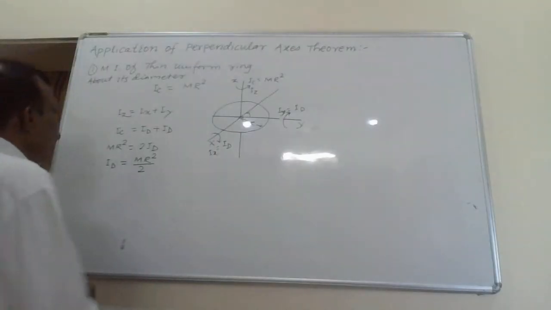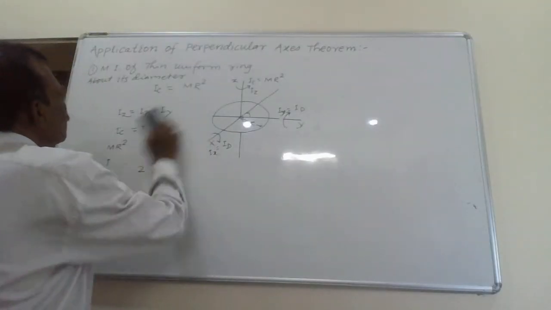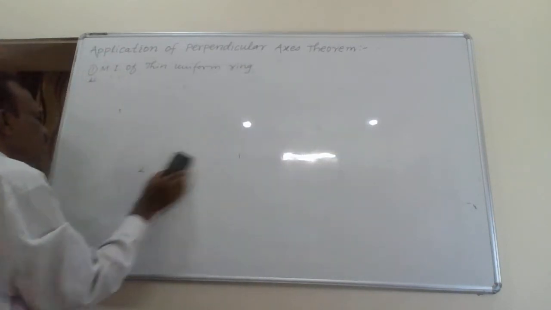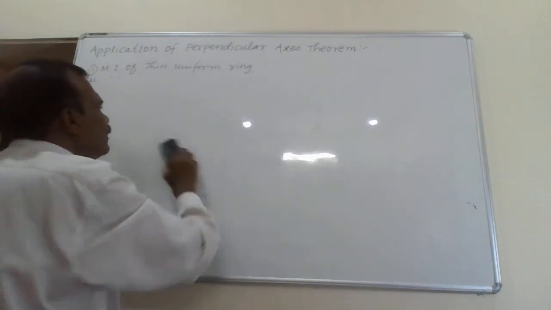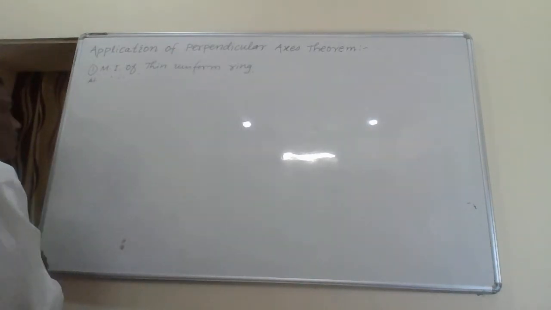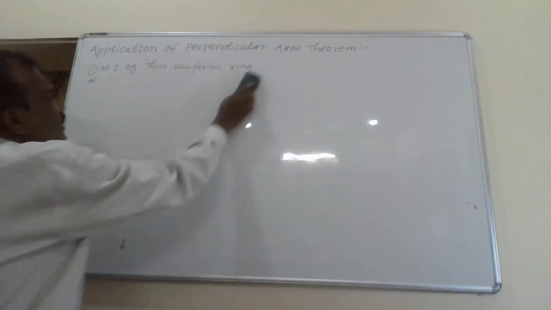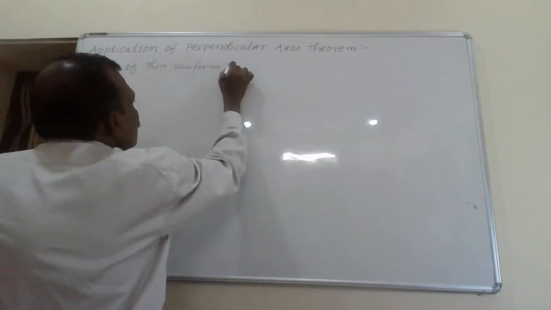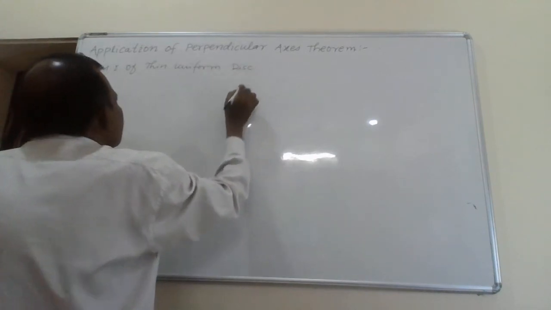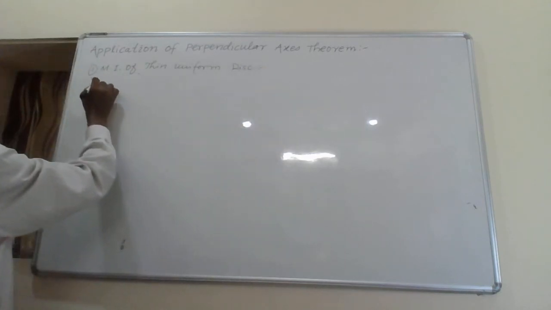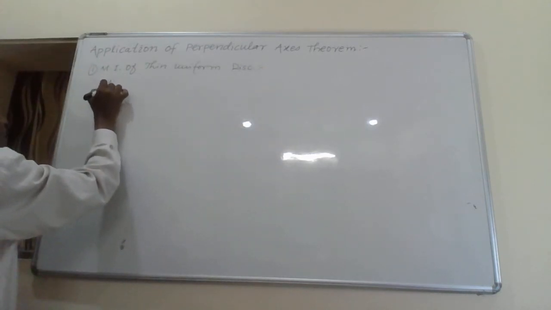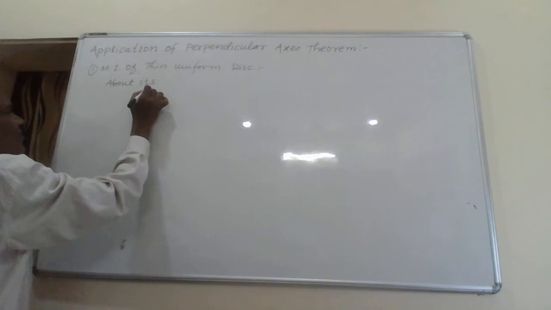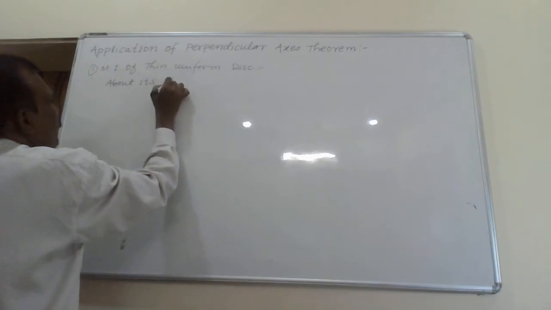Now similarly, we can obtain the moment of inertia of a thin uniform disk about its diameter.